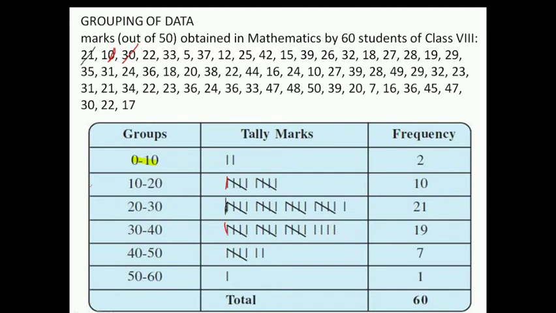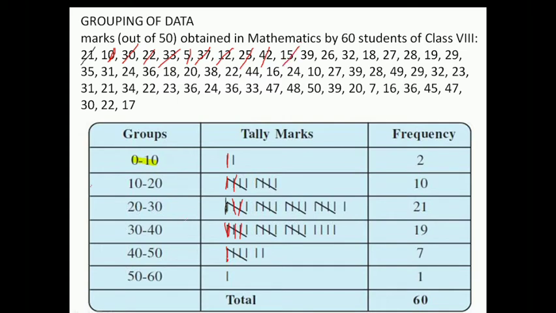So I will keep it here. 22 is between 20 to 30, so I make a marking. 33 is between 30 to 40, so I will mark here. 5 is between 0 to 10, so I will draw a standing line. 37 between 30 to 40. 12 between 10 to 20. 25 between 20 to 30. 42 between 40 to 50.